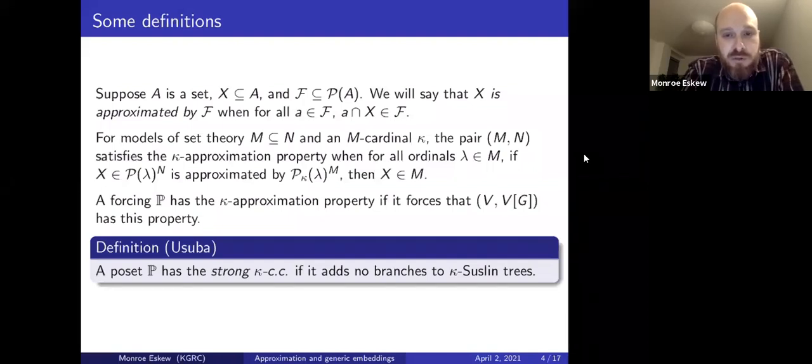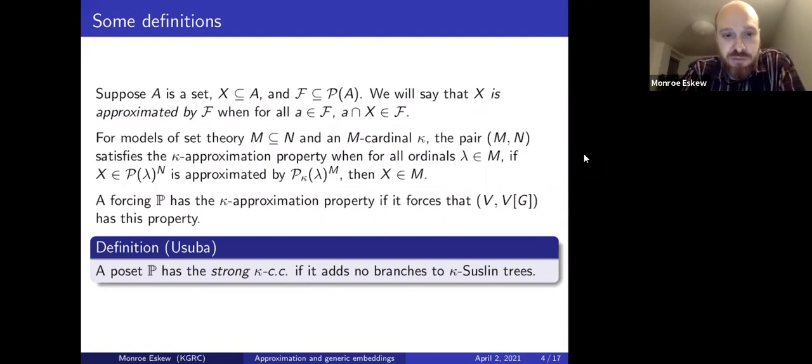Okay, so there are many forcings that have the Kappa approximation property, but it's not trivial to show it. A definition isolated by Usuba that gives a nice class of forcings with this property is given by the strong Kappa CC.